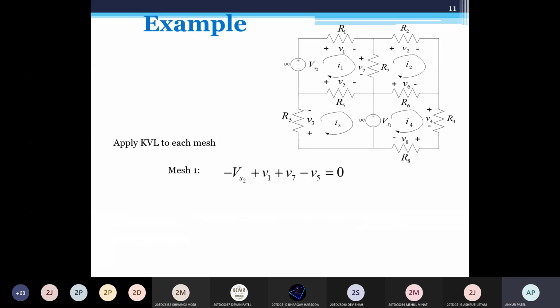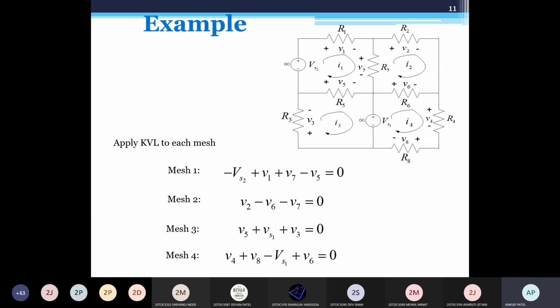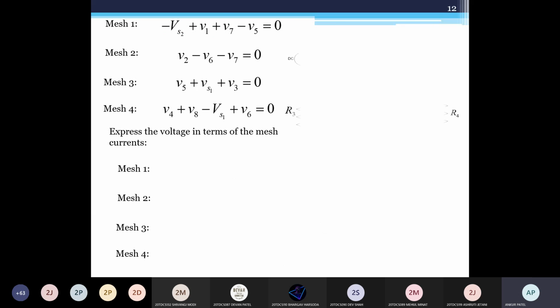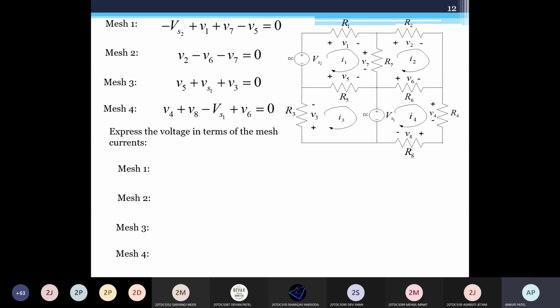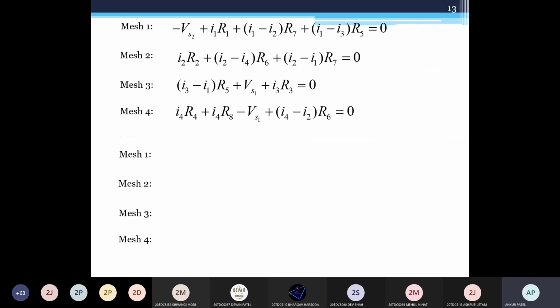According to Ohm's law, I equal to V by R. We get the equations at the nodes, convert them into matrix form, and apply Cramer's rule. So here in the matrix form you will have conductance, then the second matrix is voltage, and on the RHS you will have the matrix of current, that is your constant.